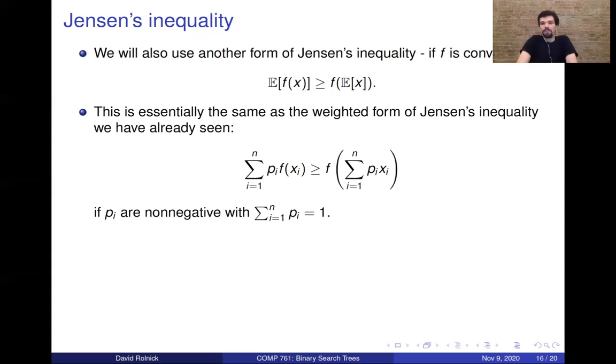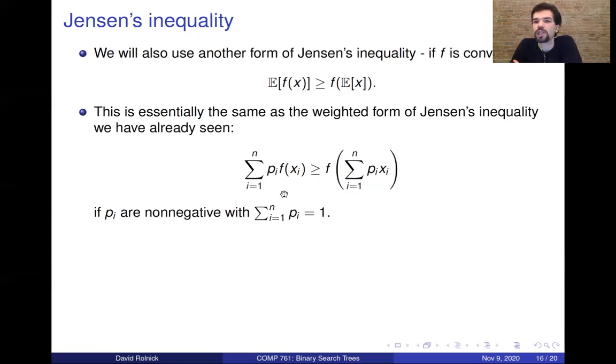This is basically the same as the weighted form of Jensen's inequality that we already saw on the p set, which is the sum of probabilities, or weights, times f of x_i, is greater than or equal to the function applied to the weighted average.